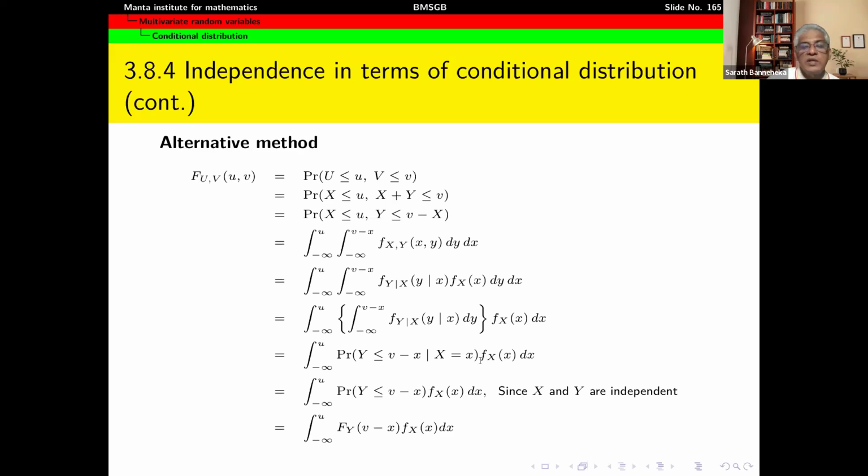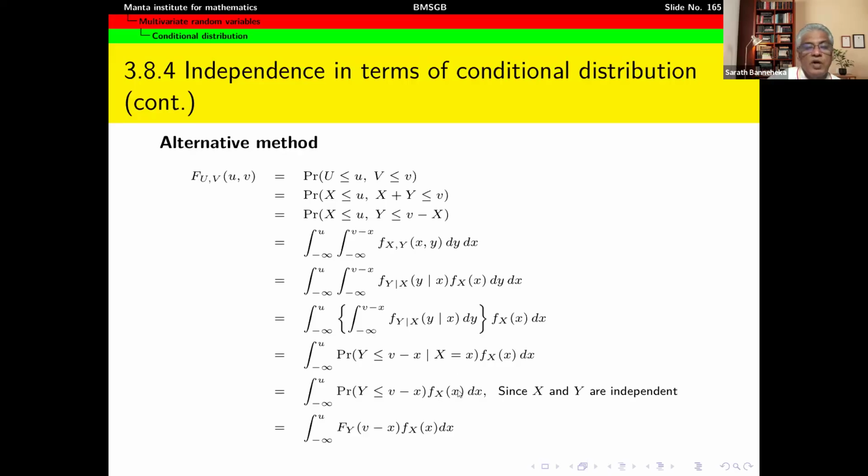But notice here the conditional probability regarding y given x is the same as the unconditional probability regarding y, because x and y are independent. That is where the independence is used here. So this conditional probability is the same as the unconditional probability that y is less than or equal to v minus x. And then you have this density function.